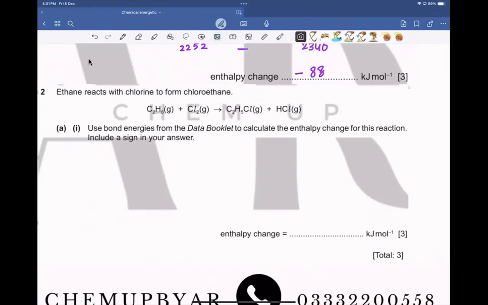Sir, can you check the structure, please? Okay, very good. Now find the enthalpy change.